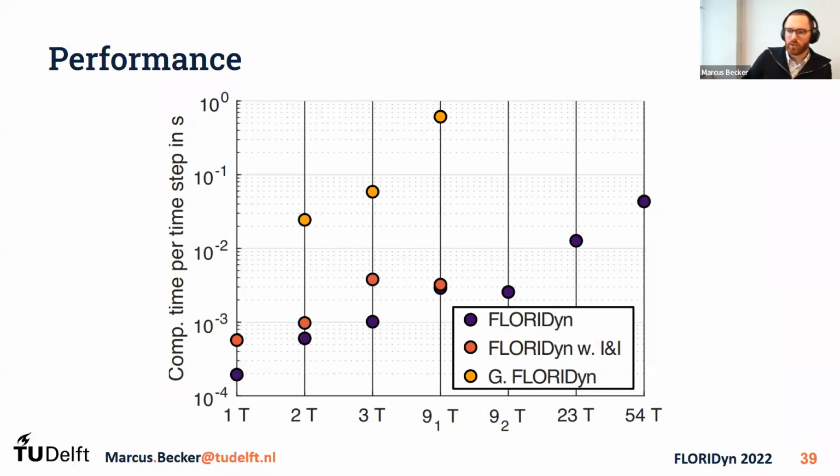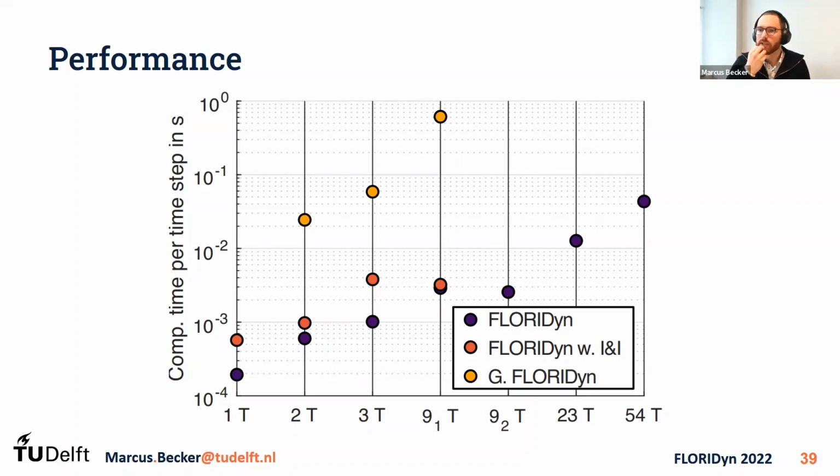Now, talking about the computational cost, because this is also what we are partially interested in if we want to use this model for real-time decision-making and control. The Gaussian FLORIDyn model is marked in yellow, and there we were struggling with the 9 turbine case, which you also just saw, marked by the index number 1 of the 9T1 case.